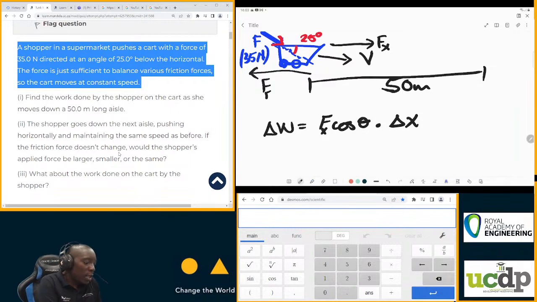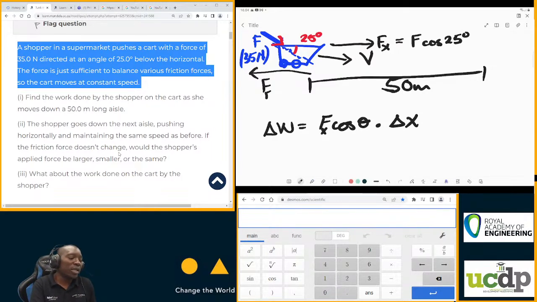Now, this Fx is what we need to find first. So we say Fx is equal to F, the applied force, cos 25 degrees. It is the component of the force applied on the trolley at 25 degrees below the horizontal.